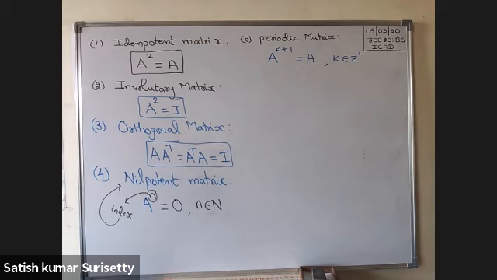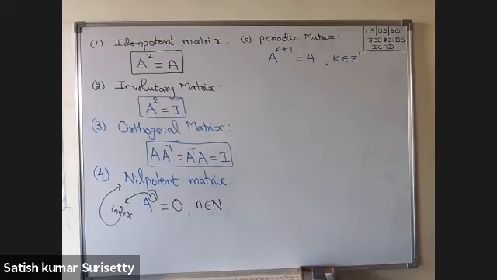Can you tell me one example based on the previous, which is a periodic matrix? Idempotent. Idempotent is a periodic matrix.